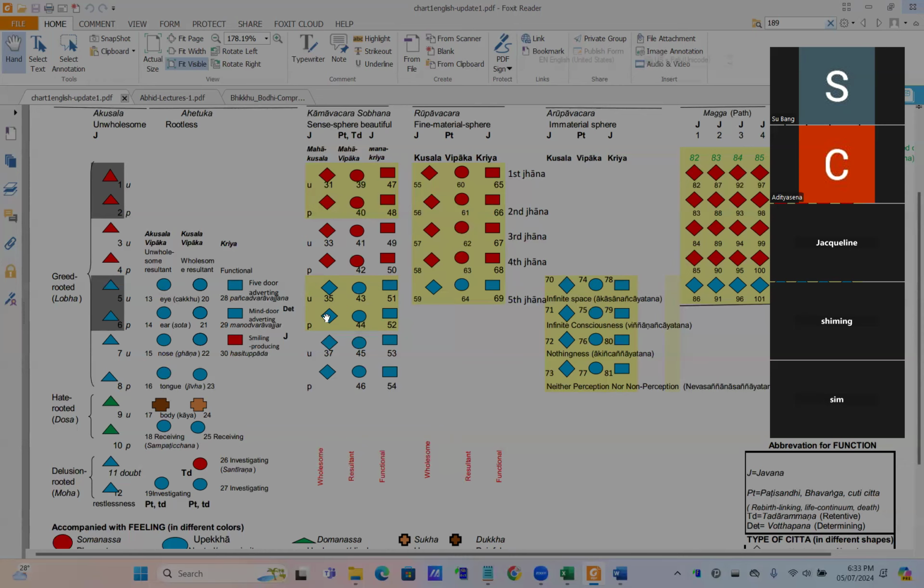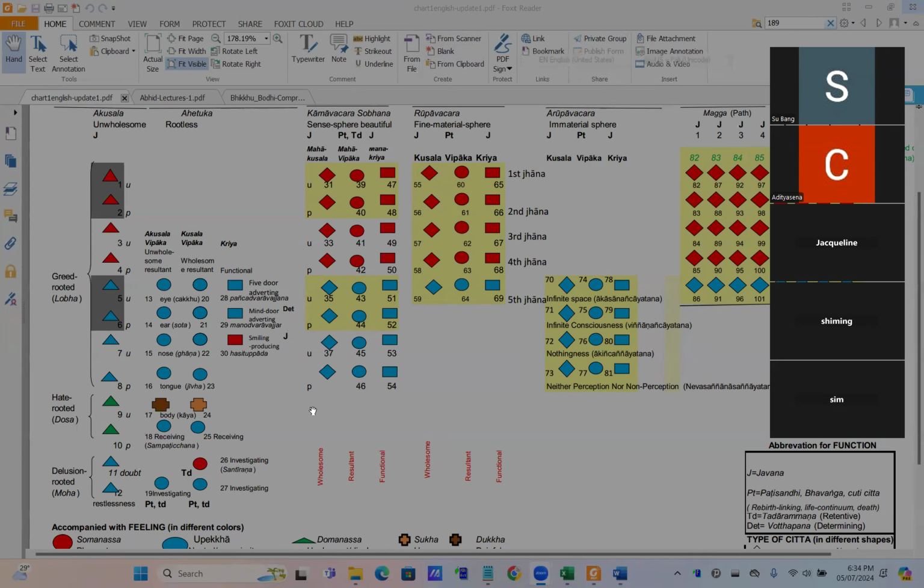Finally, Kriya, how many? Kriya got 2. Okay. So actually, if you count, there's 8, 4, and 2, 6, and then this one 8 with the eye, ear, nose, tongue, body, and then receiving got 2, investigating got 2.